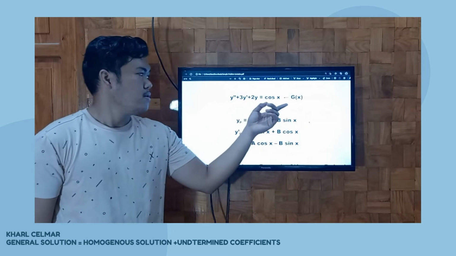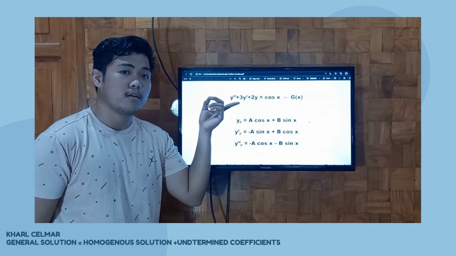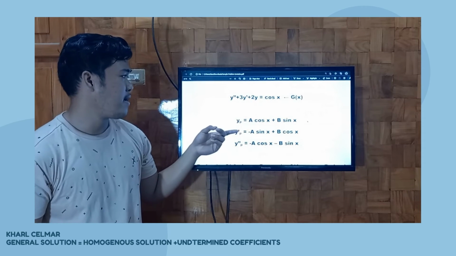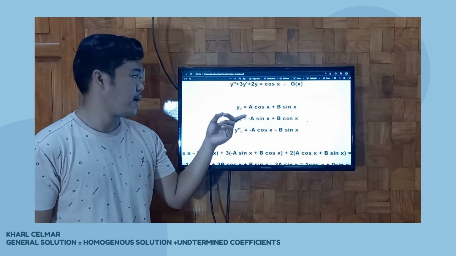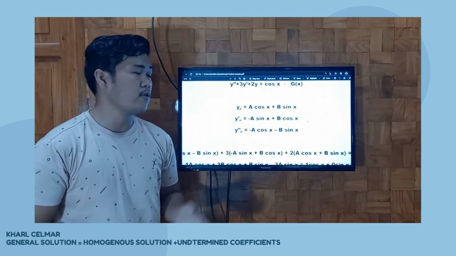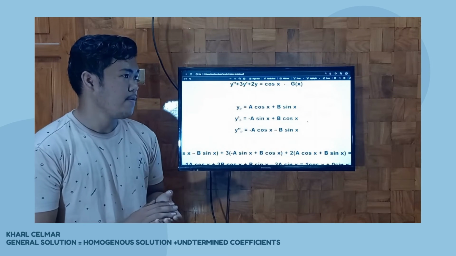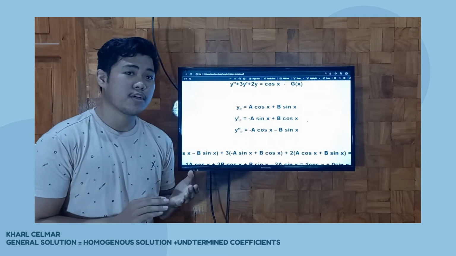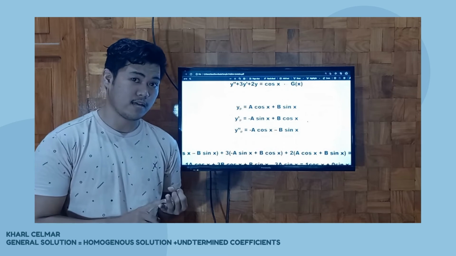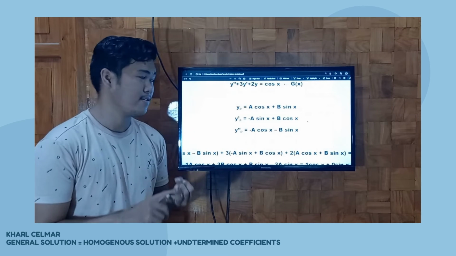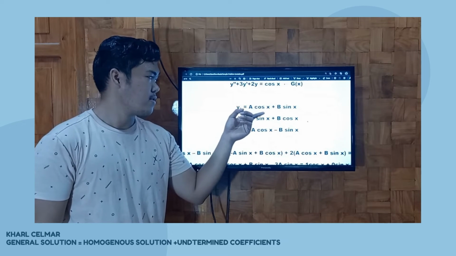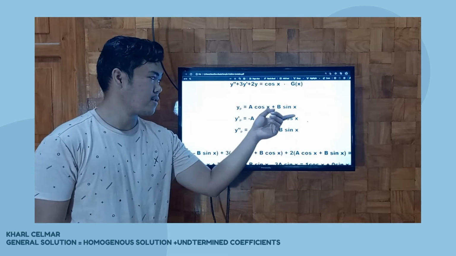Since our g of x in the problem is cosine x, first we will find y sub p. It must have an expression of cosine and sine, so y is equal to a cosine x plus b sine x.